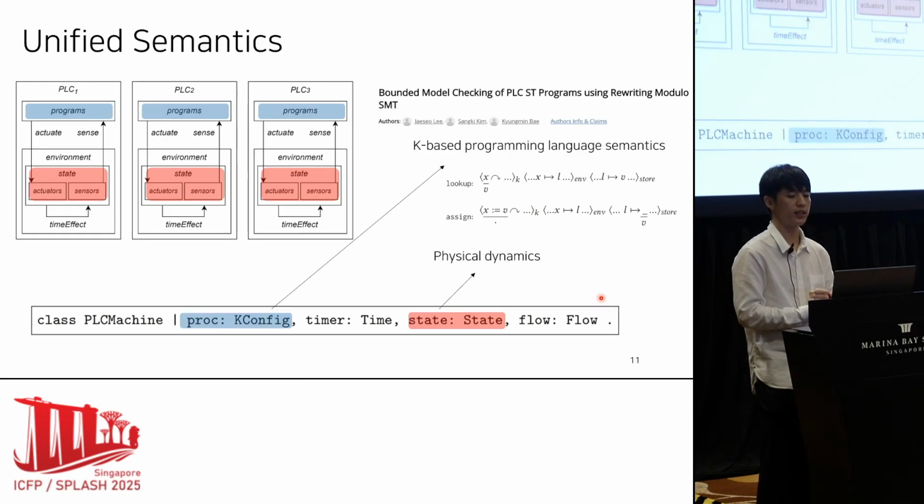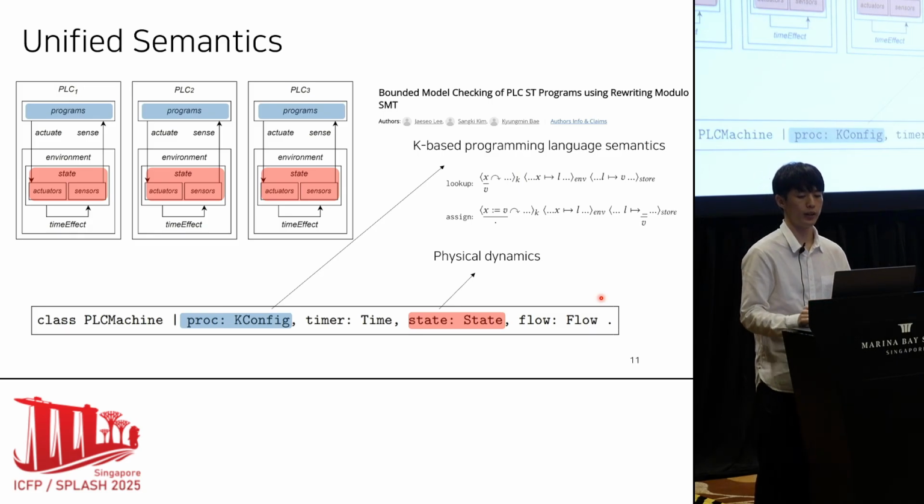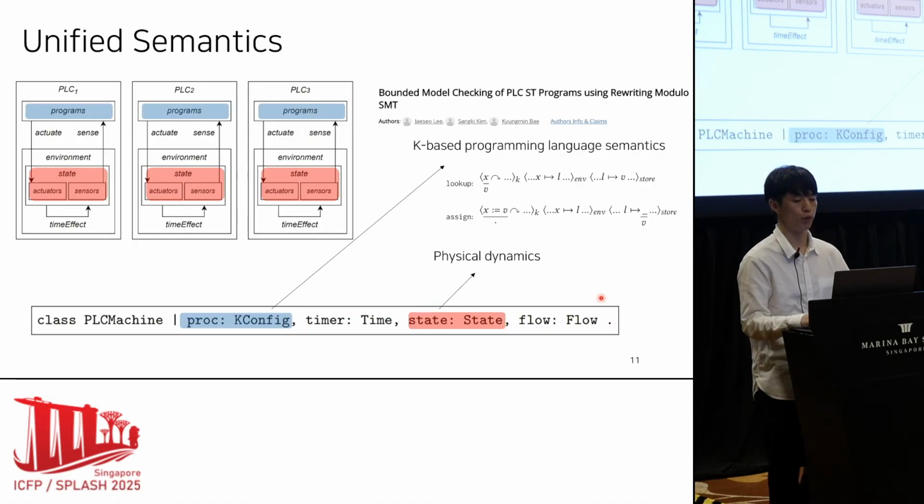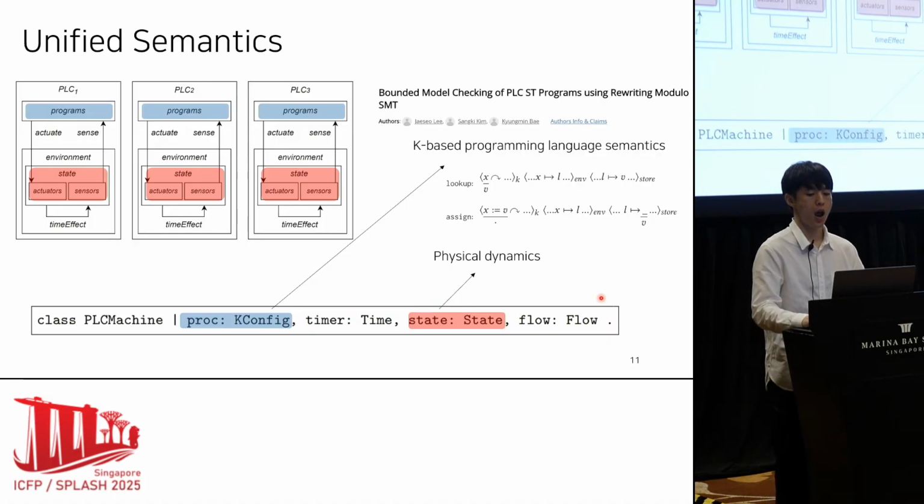So what is our unified semantics? As I briefly mentioned, we take an object-oriented approach, where each PLC object has its own associated programs, programming environment and physical environment. And here's the class definition.